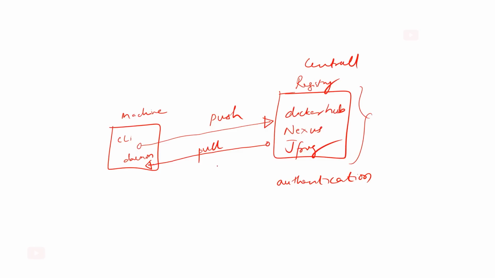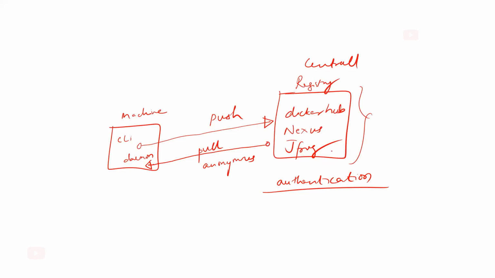They don't have to have an account or provide a username and password. So pull can be anonymous, but push usually requires you to authenticate yourself to the registry. Like Docker Hub, if you have to store your own image there, you need to log in with your username and password. Then only will you be able to push it. Otherwise, your push command will fail.